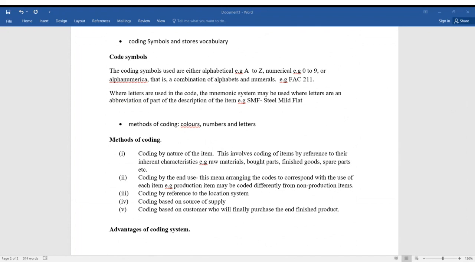Are we together? It consists of a list of codes, descriptions, and sizes that are published in a document known as the new material vocabulary.